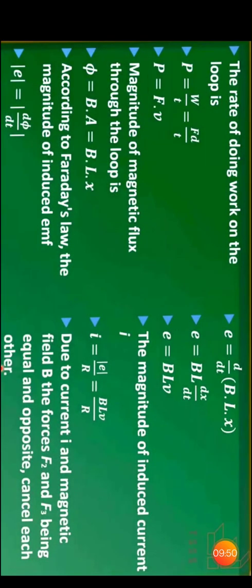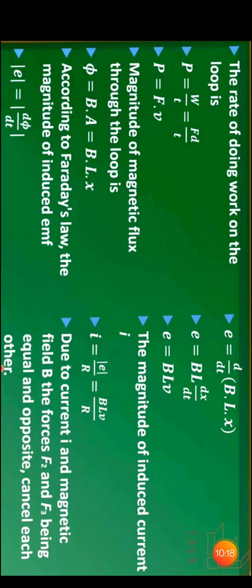Then the rate of doing work on the loop is power. We know the definition of power, the formula is P is equal to W upon T, the rate of change of work done with respect to time.